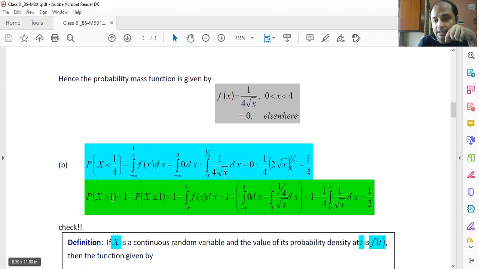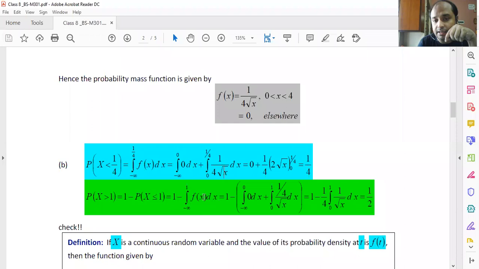Probability of x greater than 1. Now probability of a complement is 1 minus PA. So probability of x greater than 1 will be 1 minus probability of x less than or equal to 1. Equality sign was not included in this particular place, so it has been included here. So by definition, it means integration from minus infinity to 1 of fx dx.